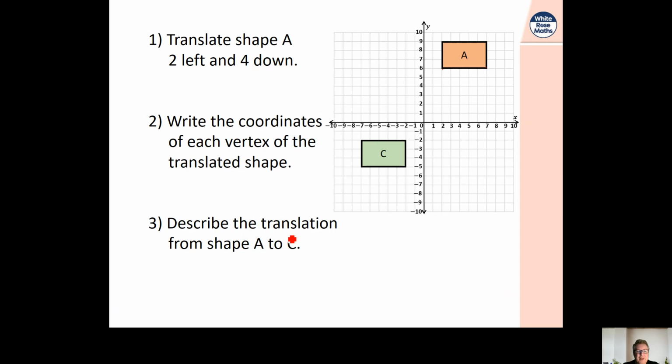And then describe the translation from shape A to C. So how are you going to translate that? Maybe pick a corner, it could be that one, maybe that's the one you're going to follow through.